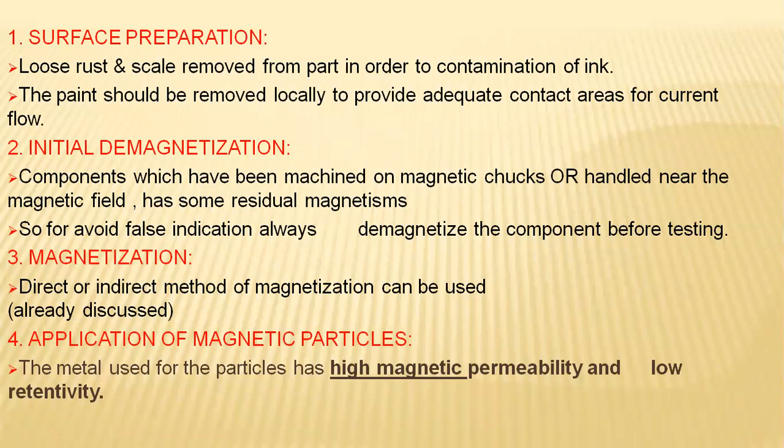And if the part is a ferromagnetic substance, being used in normal atmospheric conditions, oxidation will take place. To stop rust formation, painting is done, so that has to be removed. If any rust is present, that also has to be removed.